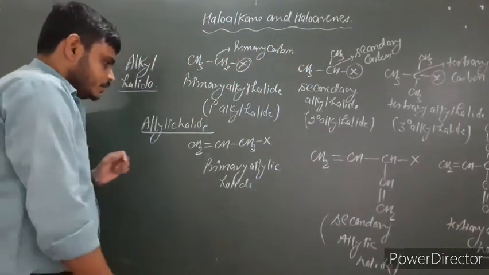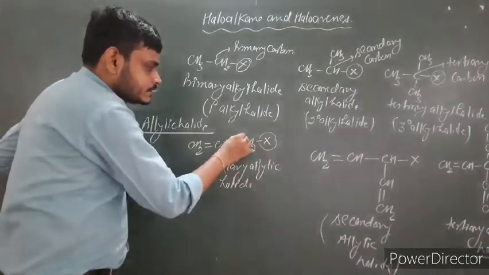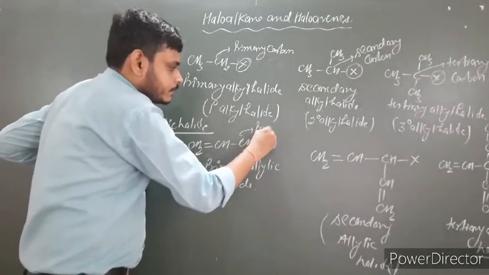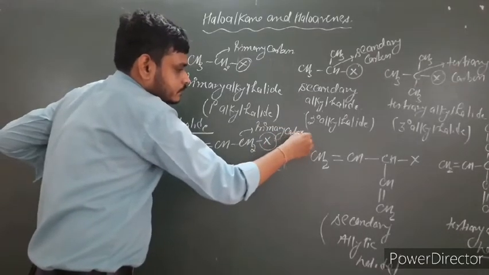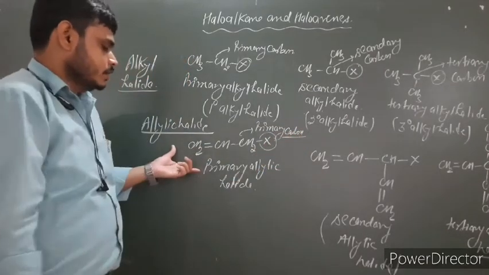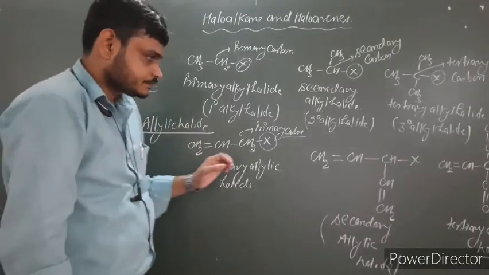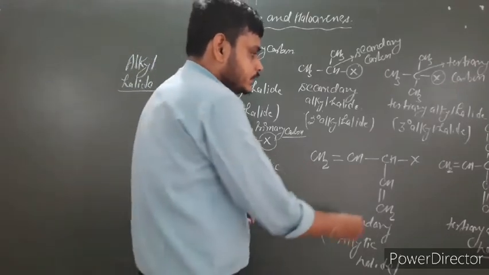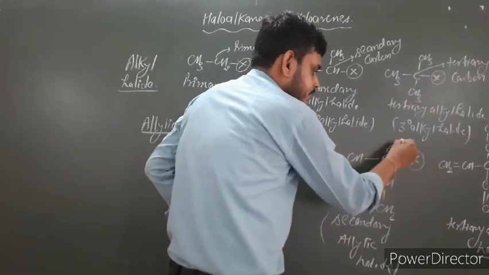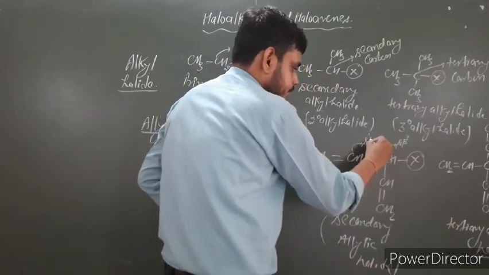Primary allylic halide because the halogen atom is directly attached with the primary carbon. So this type of halide is called primary allylic halide. Clear? This is also an example of allylic halide because the halogen atom is directly attached with the sp3 hybridized carbon atom next to sp2 hybridized carbon atom.